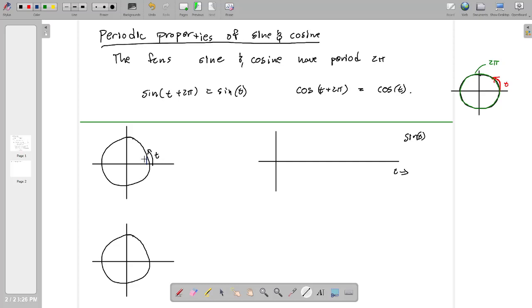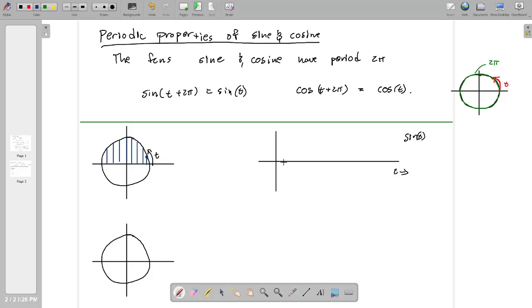So this first value will be here. We'll have a second t value, third t value, fourth, we go up to 1. Then we come back down. So let's start here with this very first one. However far I rotated t is how far I'm going to move along the x-axis.